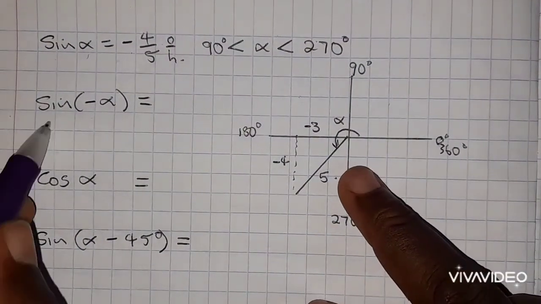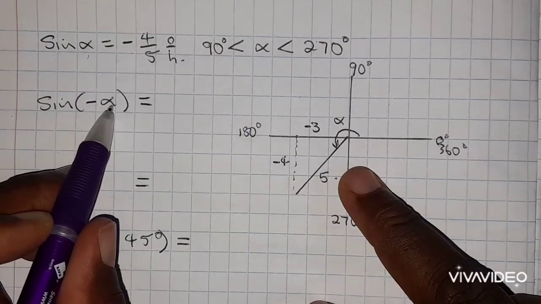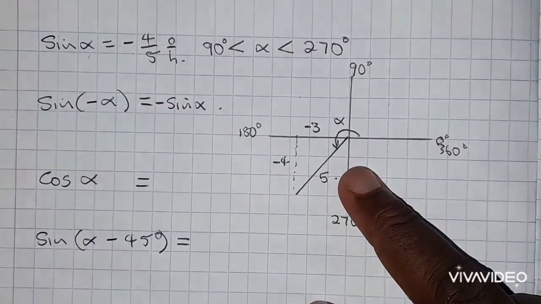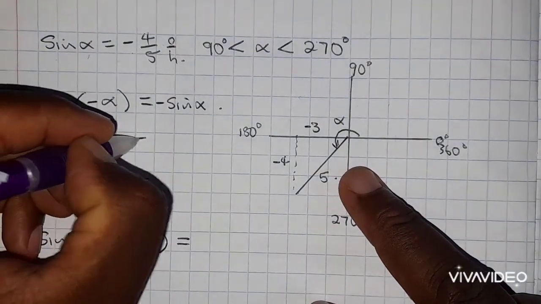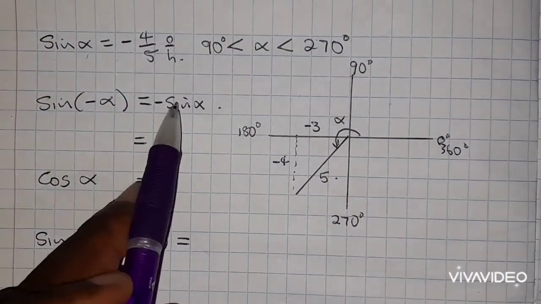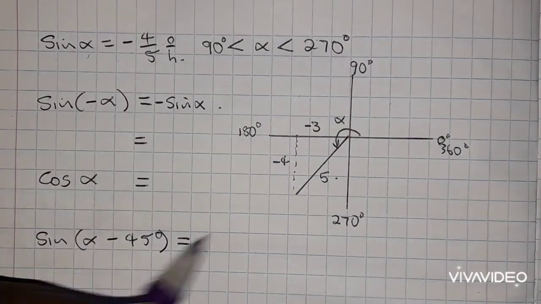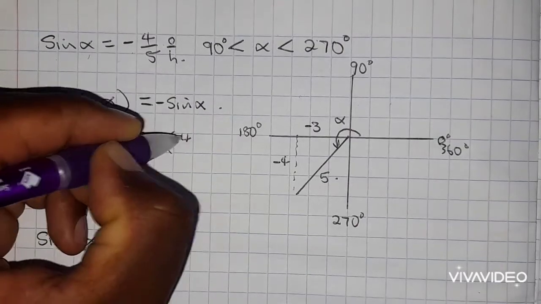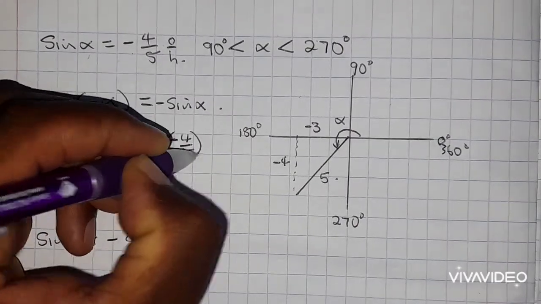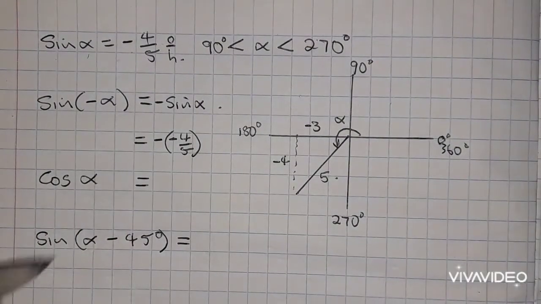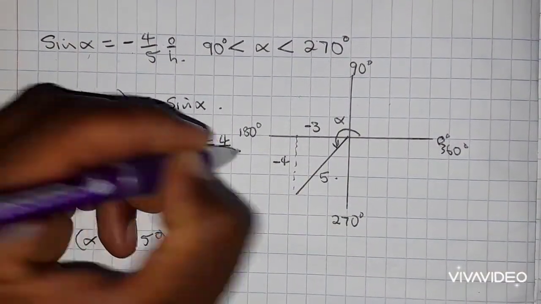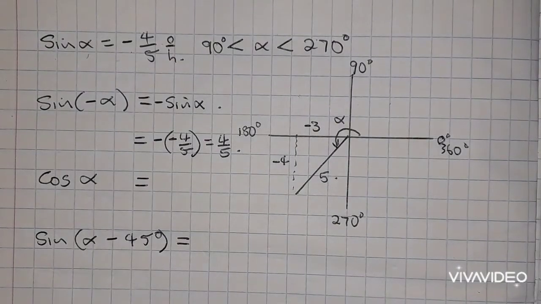Now, sine negative alpha can be written as negative sine alpha, and this should be equal to negative of the sine alpha we're given here, which is -4/5, which is equal to +4/5. Remember, a double negative gives you a positive.